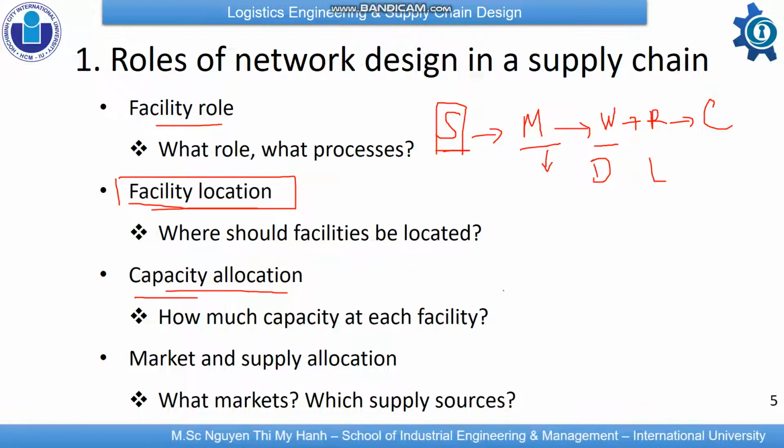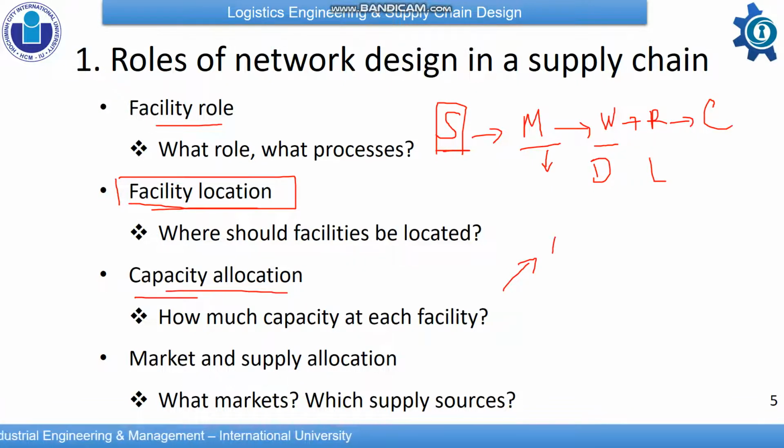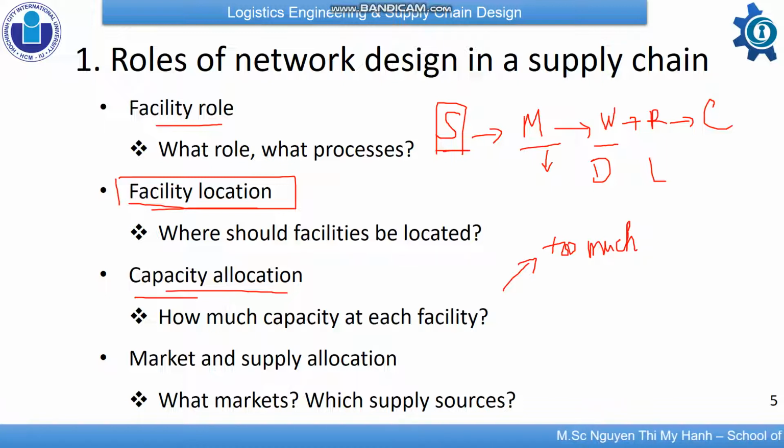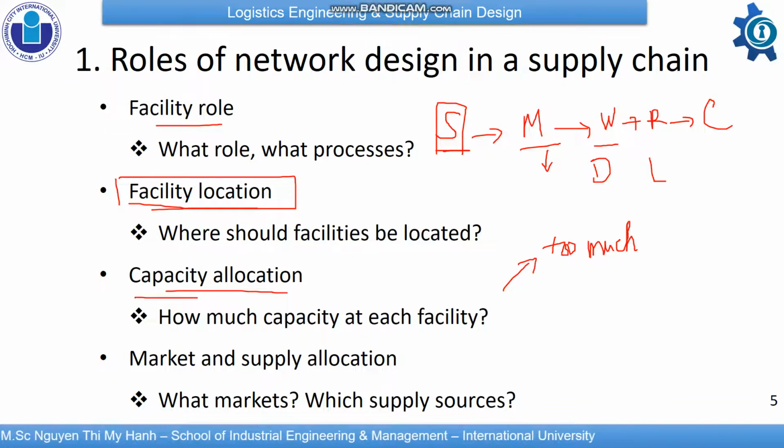So if you allocate too much capacity in a facility, you will increase the cost, for example inventory cost, and the result is poor utilization.